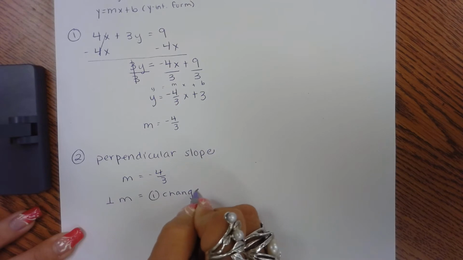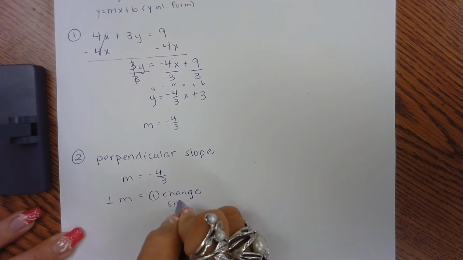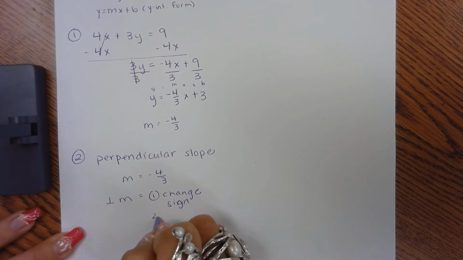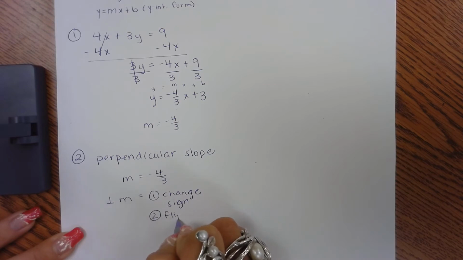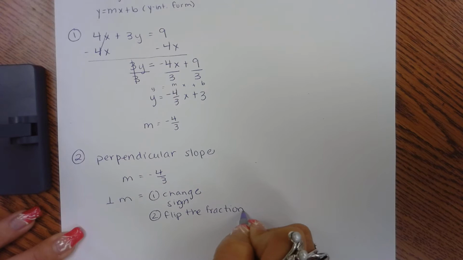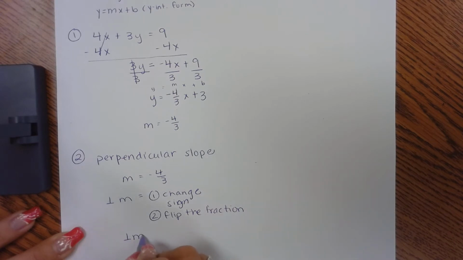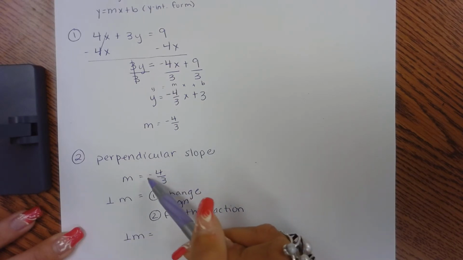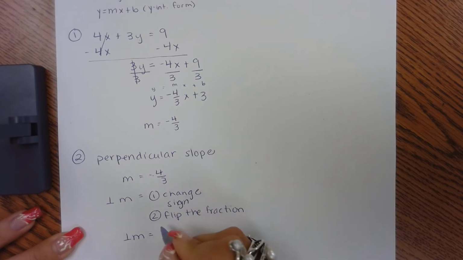I'll just rewrite the notes here. So we're going to change the sign: if it's negative, it's going to be positive. And to flip the fraction, it's going to be 3/4.